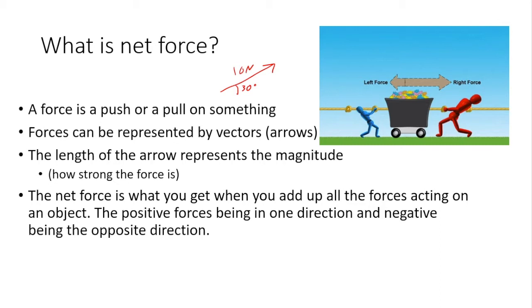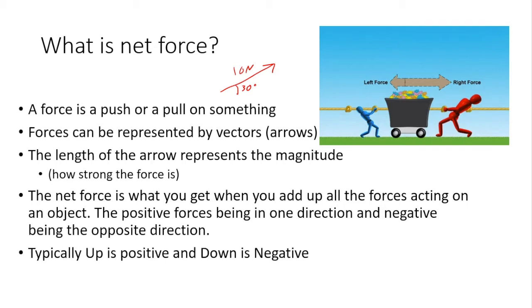The positive forces are going to point in one direction, and the negative forces, we're going to say, point in the opposite direction. Typically, we say that positive points up and negative points down. We also know that to the right is positive and to the left is negative. Because if we're thinking of a number line, positive numbers to the right, negative numbers to the left.